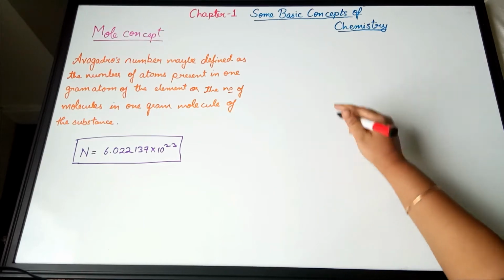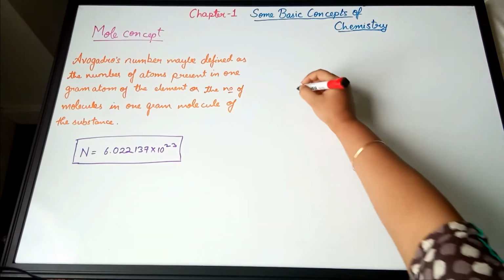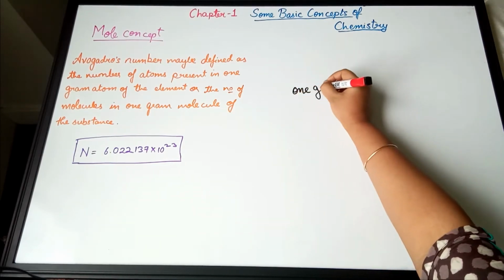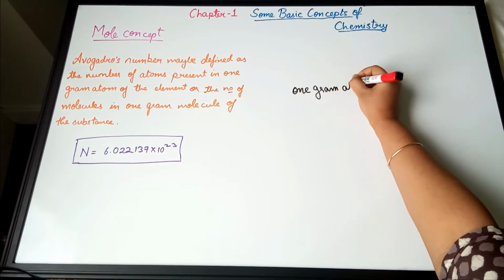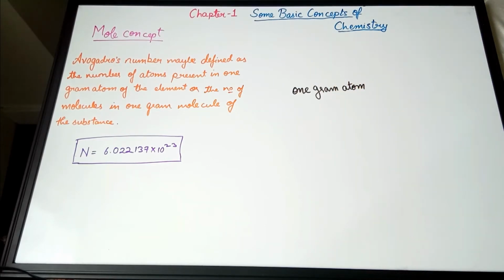What was found was 1 gram atom of any element consists of the same number of atoms.